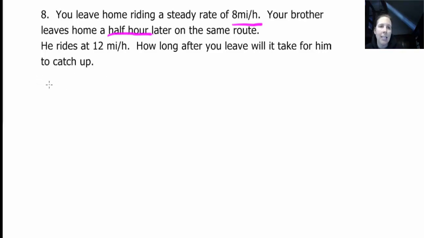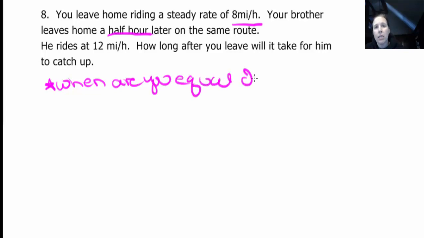So what it's asking is, when are you equal? When are you the same distance away? Basically you're going to have an equation for you, an equation for him, and put an equal sign in the middle.